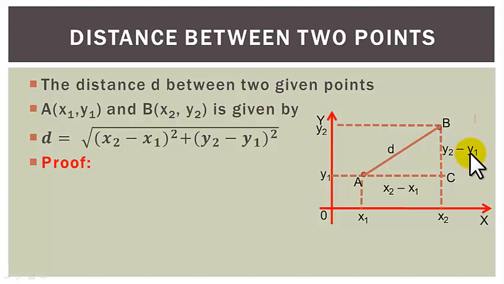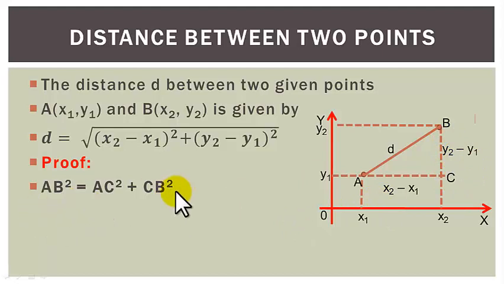Hence, by Pythagoras theorem, we can find the side AB. That is, AB squared is equal to AC squared plus CB squared. That is the Pythagoras theorem. But AB is the distance D. AC is x2 minus x1, while CB is y2 minus y1.